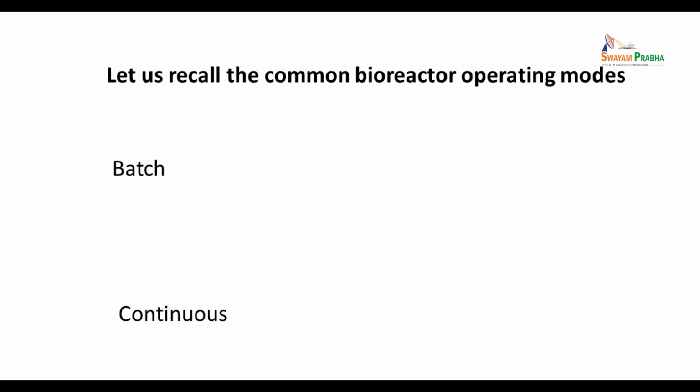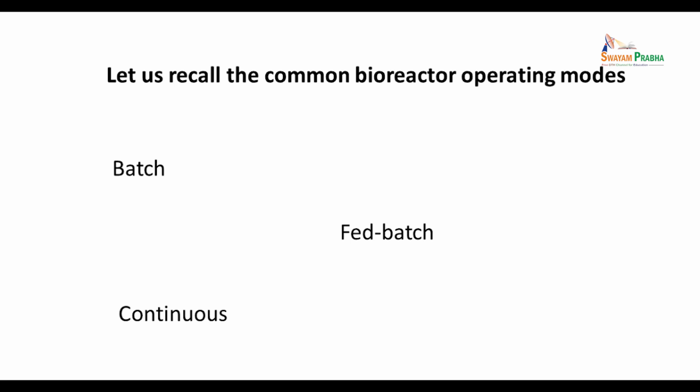We also saw the continuous mode of operation, where there is a continuous stream in and a continuous stream out of the bioreactor, and the processes simultaneously take place when there is a continuous flow. In between the two ends, the batch and the continuous, we had the fed batch, where you start out as a batch and then you could have intermittent feeding or intermittent removal, or even continuous feeding and continuous removal, or both.